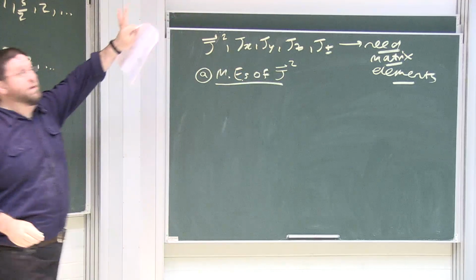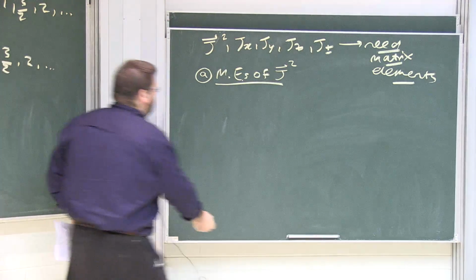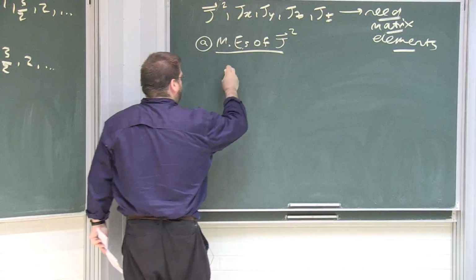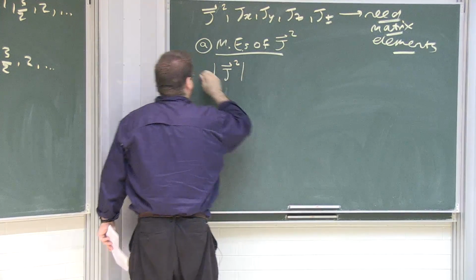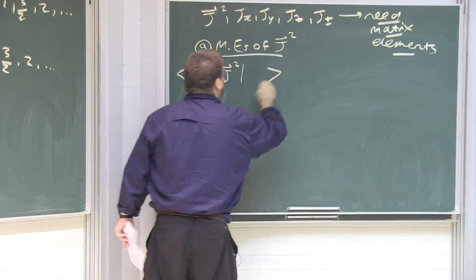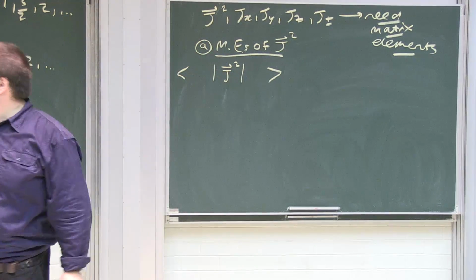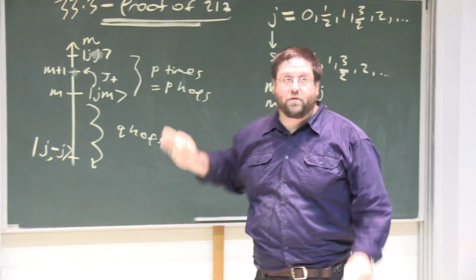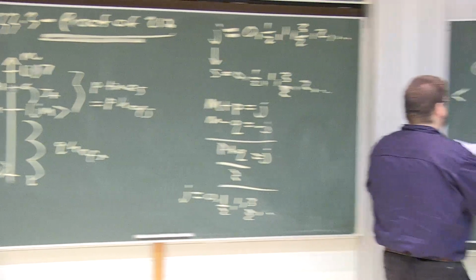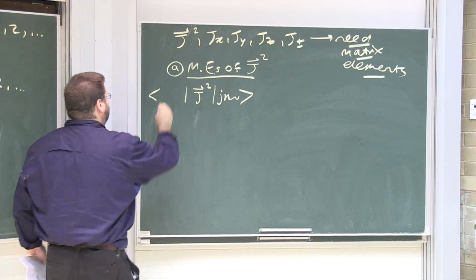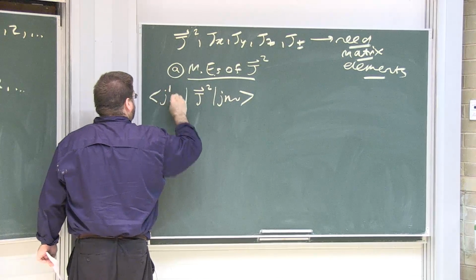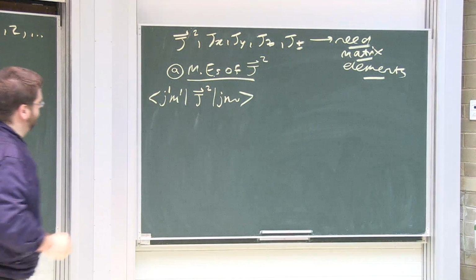So I've revised how you calculate a matrix element. If you want a matrix element of an operator, in this case J squared, you just sandwich it between the basis vectors. What are the basis vectors? They're the generalized spherical harmonics. So here's one generalized spherical harmonic, and here's a different one.